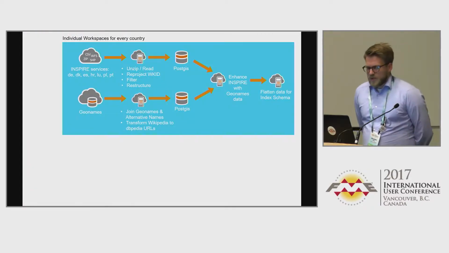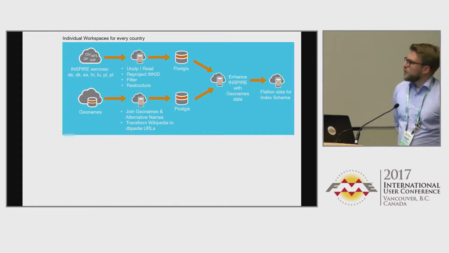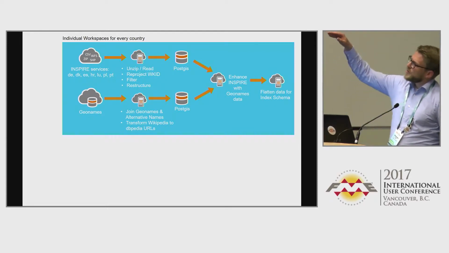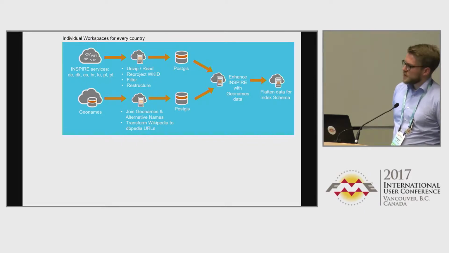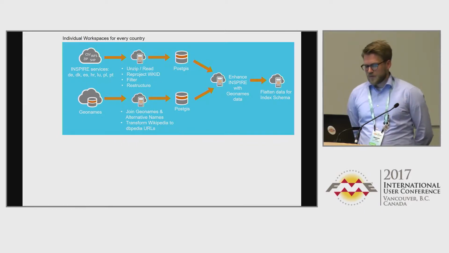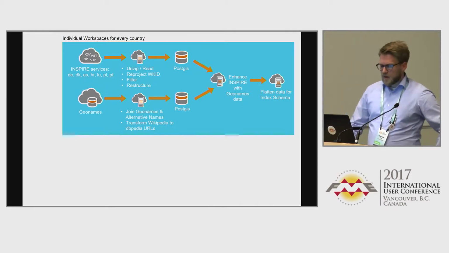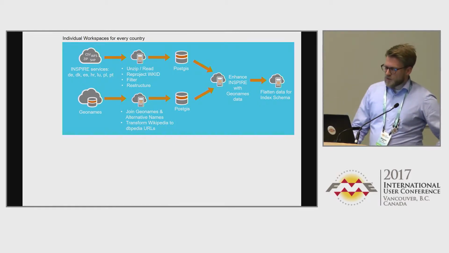So what we did was individual workspaces for every country. You see in the top, the process that was reading the Inspire services, for example, from Germany, from Denmark, Spain, Hungary, Luxembourg, and so on, and just wrote that data into a PostGIS database.